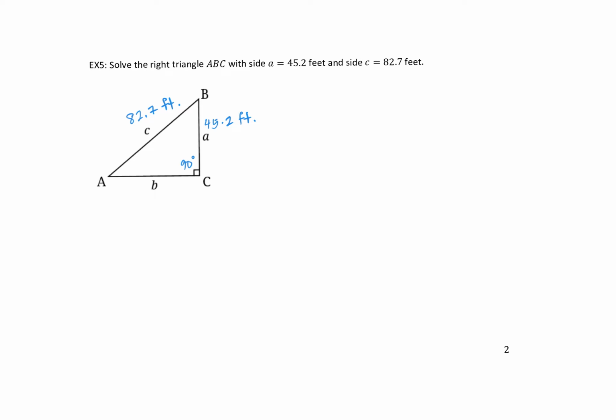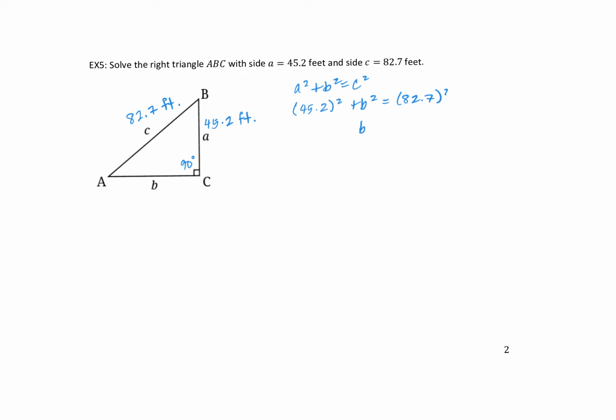Well, it is a right triangle and I have 2 sides. So I would start off right away by using the Pythagorean formula that A squared plus B squared is equal to C squared. And I know that A is 45.2. I'm going to square that. I'm trying to find B. That's going to be equal to 82.7 squared.